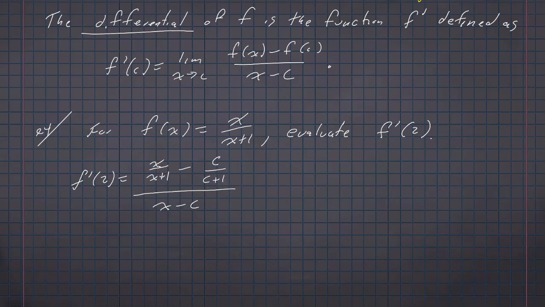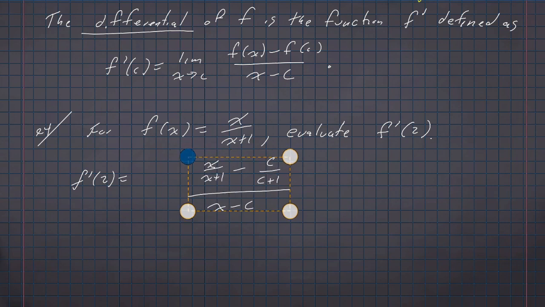Let's try that again. I don't just want this fraction. I need to take the limit as x approaches c of this fraction. And if we plug in that c is 2, I guess we can make this a little bit more pleasant to look at.